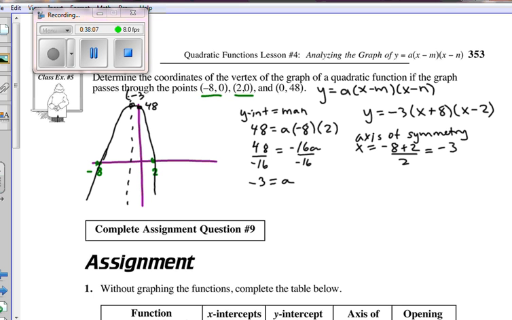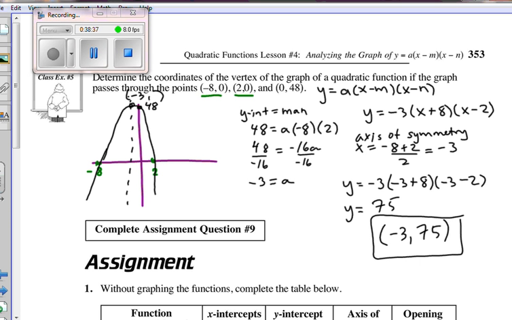How do we get the y? Can we plug it into our equation? Yeah, that's why you need your equation. So -3 times -3 plus 8 times -3 minus 2. When you plug that in really quickly, what is that going to be? 75. So the point would be -3 comma 75.